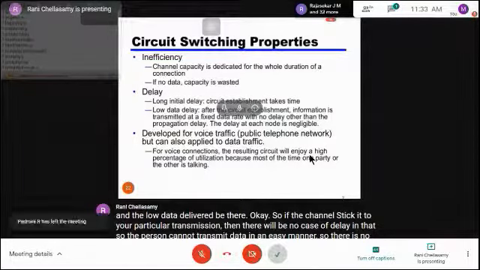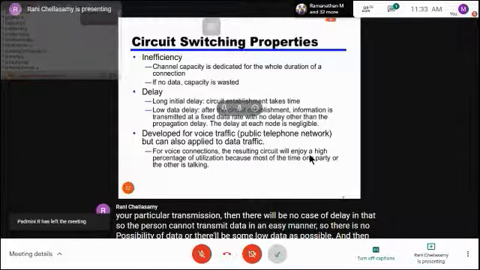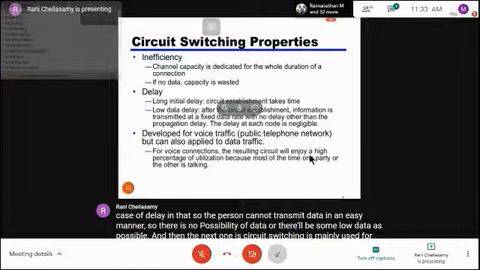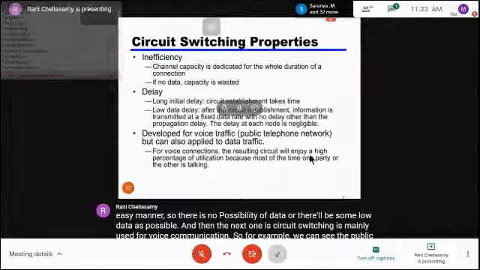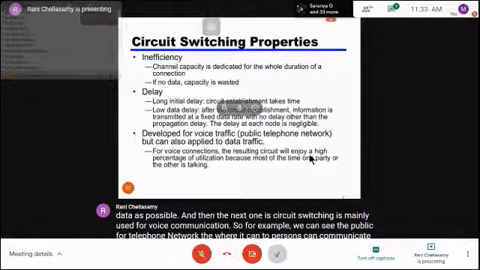Circuit switching is mainly used for voice communication, for example the public telephone network, where two persons can communicate, but it can also be applied to data traffic.